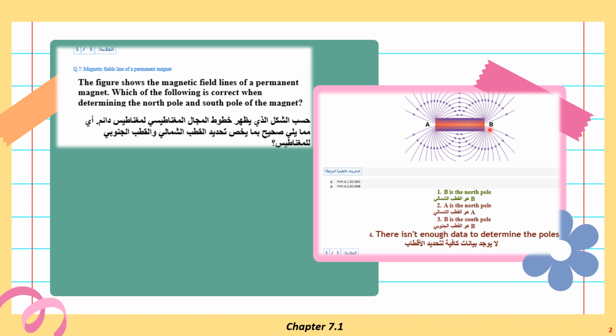As you see in the picture, I'm not sure if it's clear, but you can see that the field lines start from B and enter A. So of course B is the north pole and A is the south pole. Always the field lines start from north and end or terminate on the south pole. You can find this in chapter 7.1.